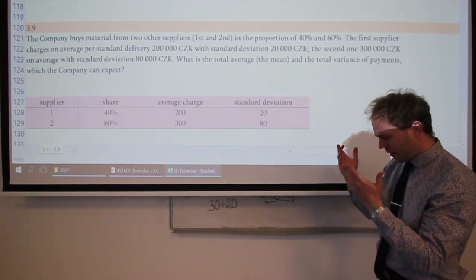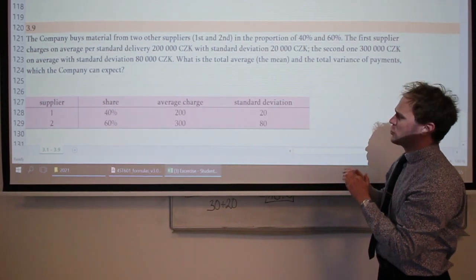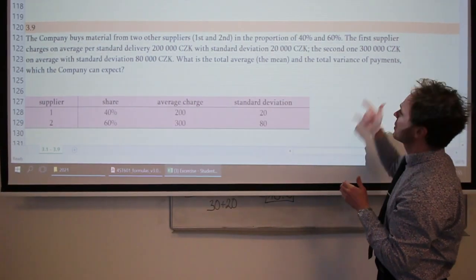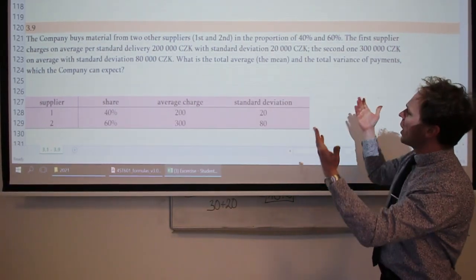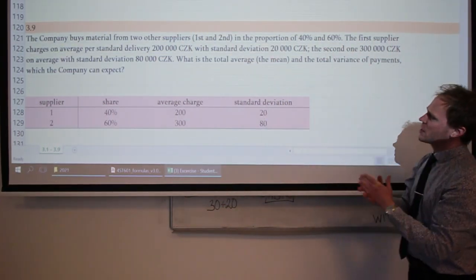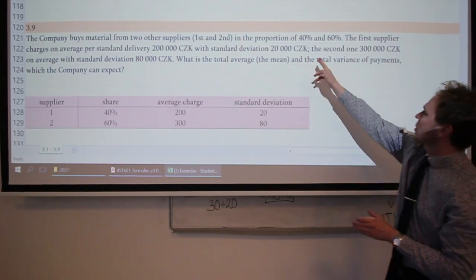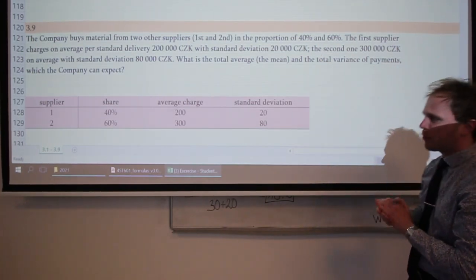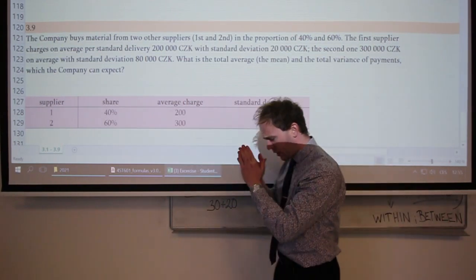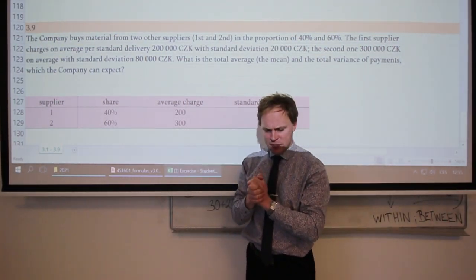So we have here individual information about the mean and the standard deviation, and we would like to calculate the total average of payments, the total expected value of payments, and the total variance of payments. So again, we must calculate the total mean and the total variance.